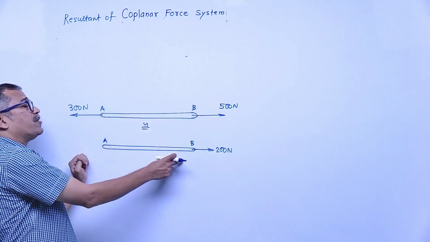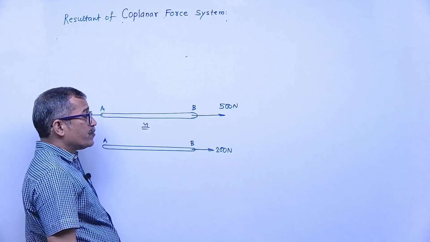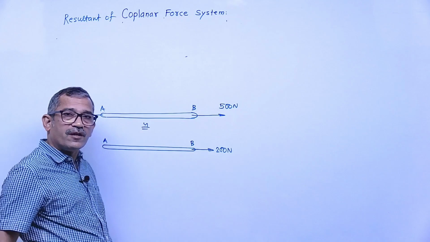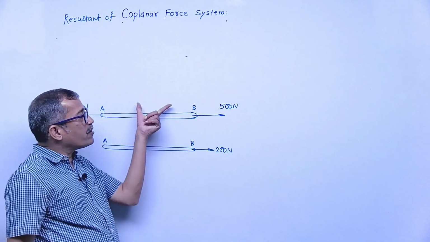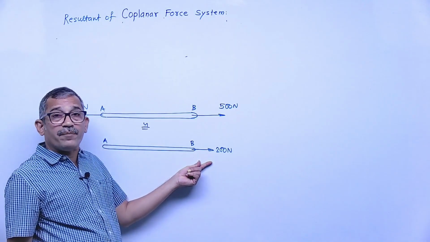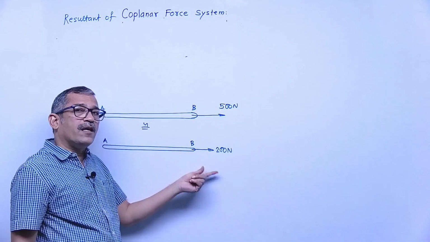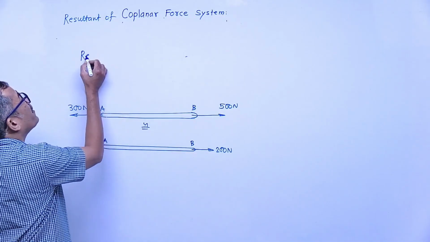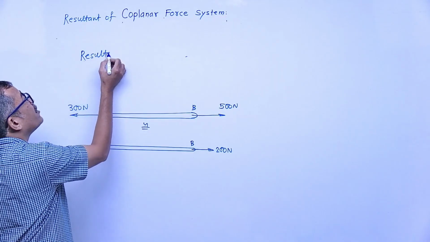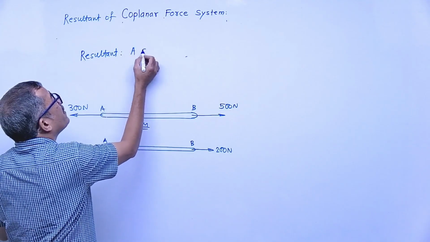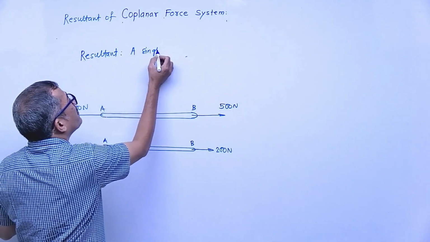Two forces can be replaced by a single force, and this is called a single equivalent force. What is the meaning of equivalent? The effect of these two forces and the effect of this force remain the same, therefore this is a single equivalent force, and a single equivalent force is called the resultant. In short, if you want to write, it is a single equivalent force.